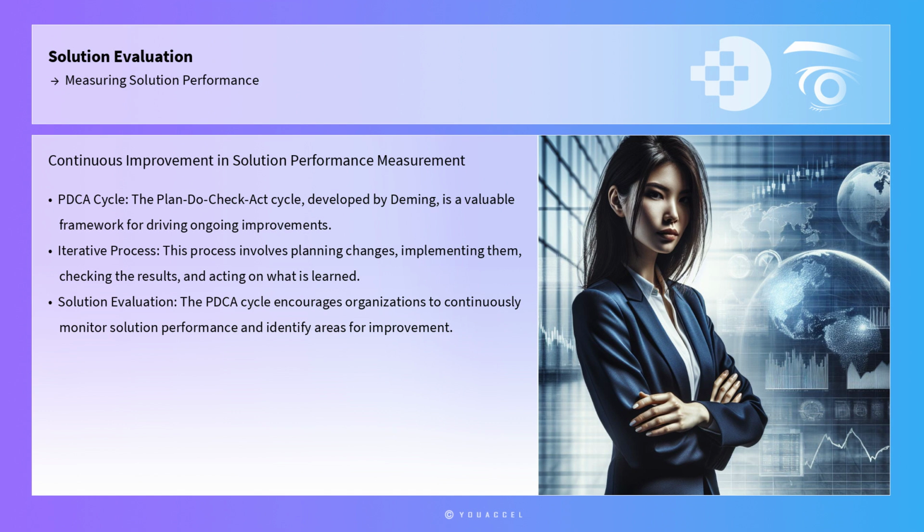In the context of solution evaluation, the PDCA cycle encourages organizations to continuously monitor solution performance, identify areas for improvement, and implement changes to optimize outcomes. For example, a company might use the PDCA cycle to iteratively refine a digital marketing strategy, measuring performance through KPIs such as conversion rates and customer engagement metrics.